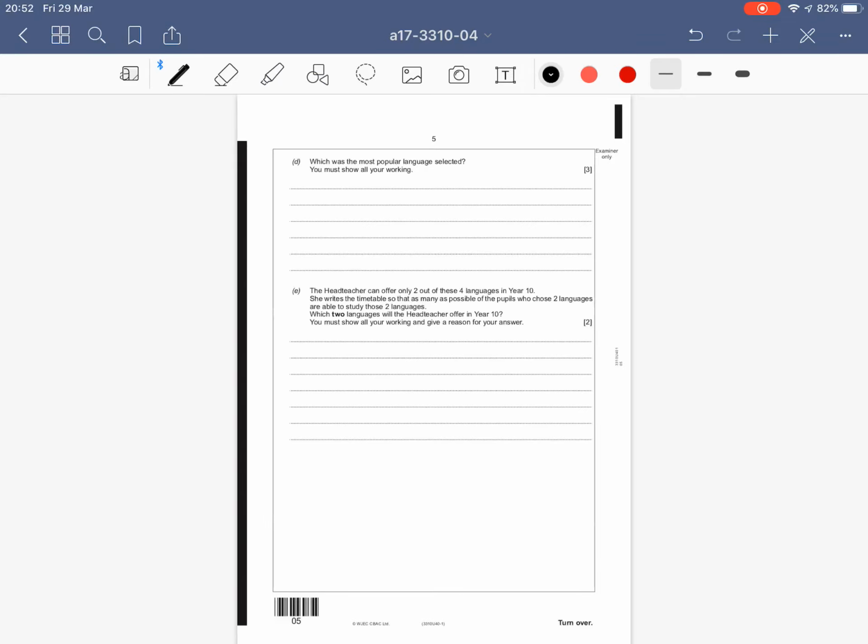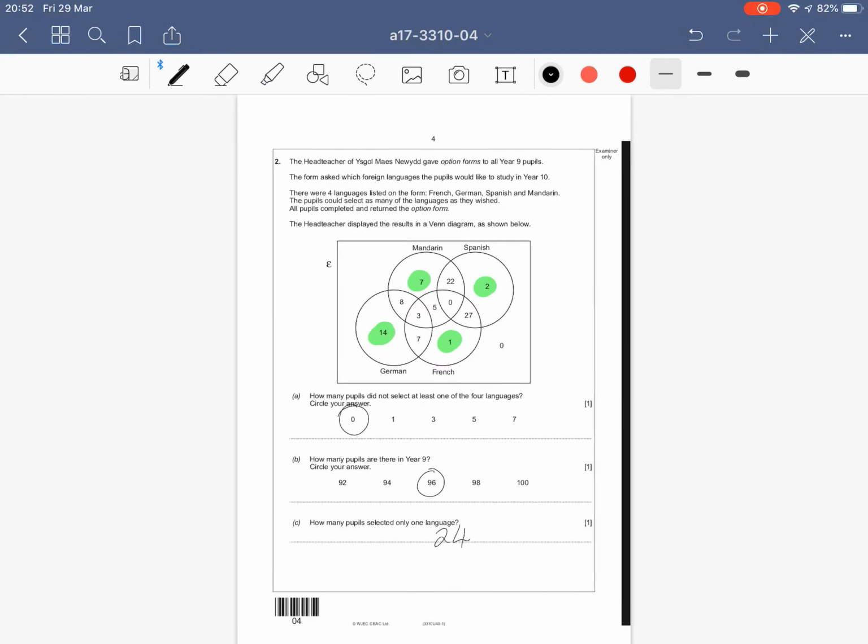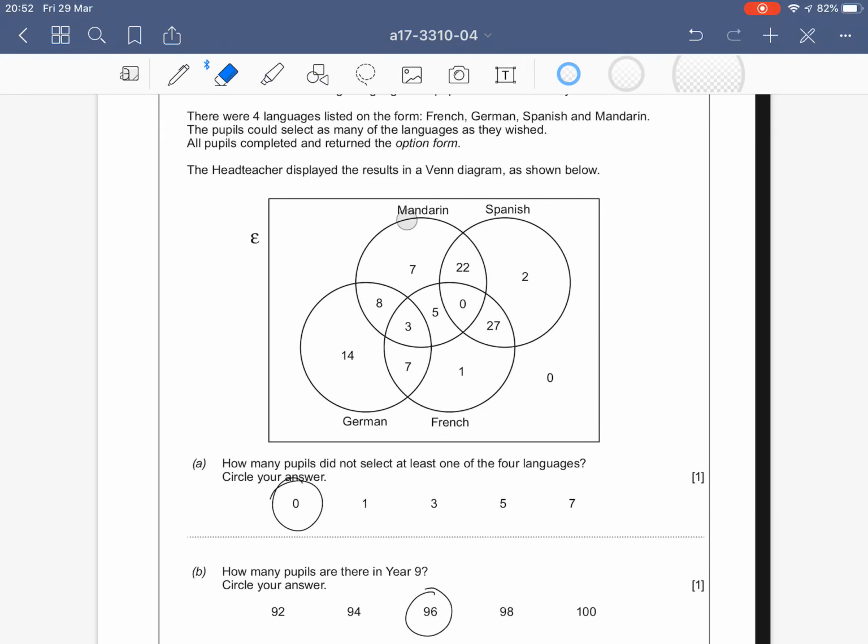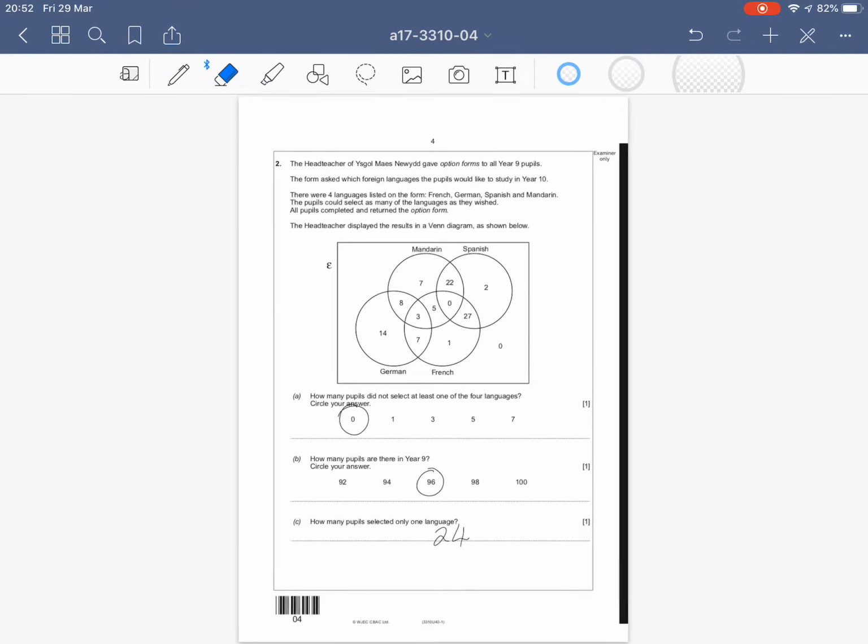Next one, what's the most popular language selected? So this one we'll have to add up all the different circles. You want to add up all the numbers in the circle for Mandarin. For Spanish, add up all of those numbers. French, all of the numbers inside this circle. And German, all the numbers inside this circle.